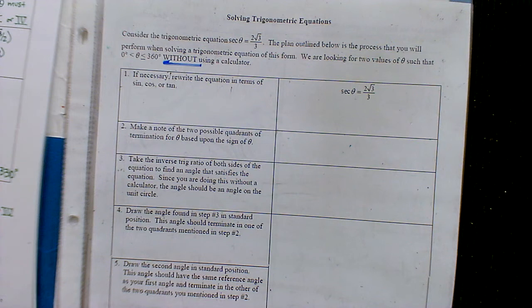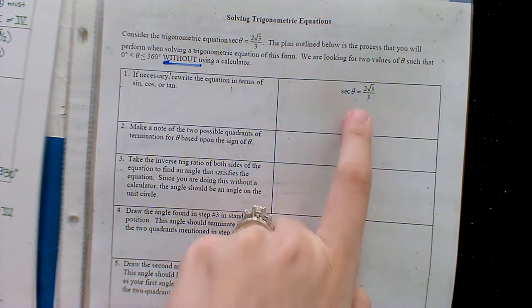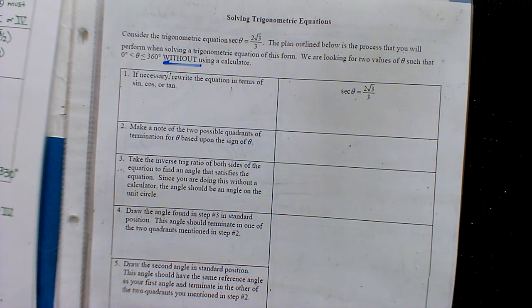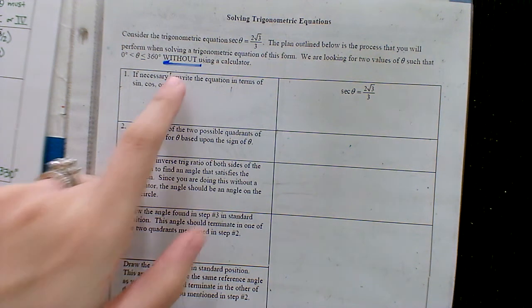And if that's the case, that means we're going to utilize the unit circle to help us with this particular problem, because on the unit circle we have all of those values and radians and ordered pairs that we are already familiar with. If we are going to use a calculator, that means we might get some crazy number, because it's not on the unit circle, but we can still solve it nonetheless.